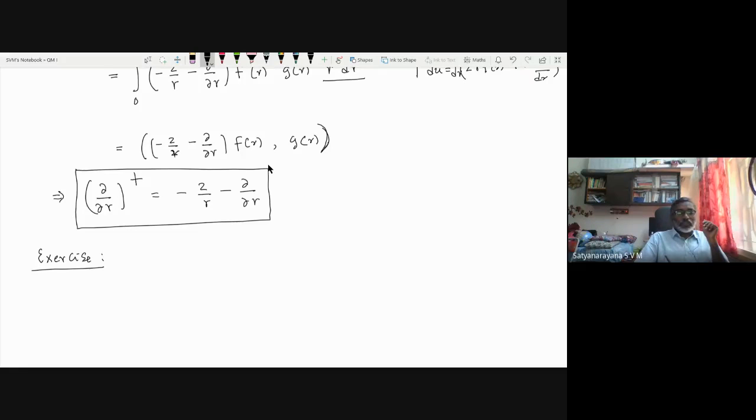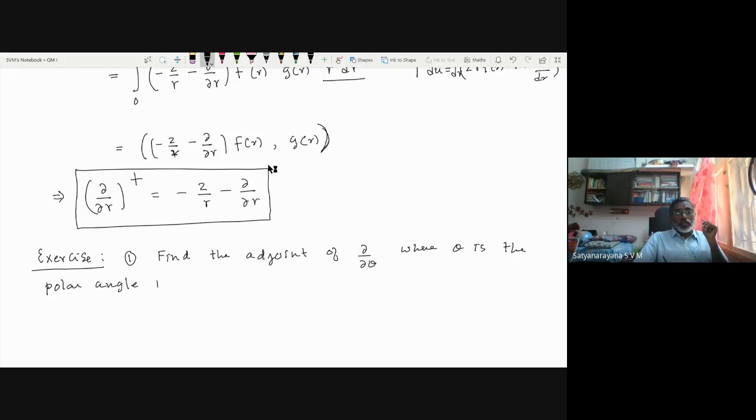Exercise 1: find the adjoint of dou by dou theta, where theta is the polar angle in spherical polar coordinates.